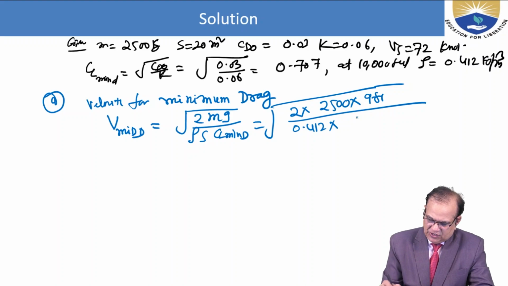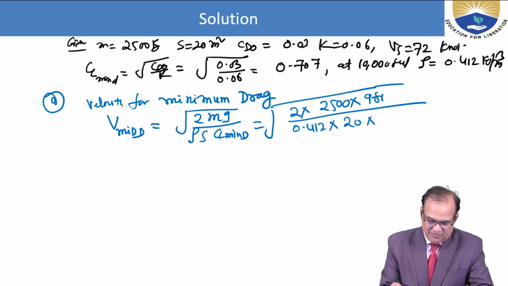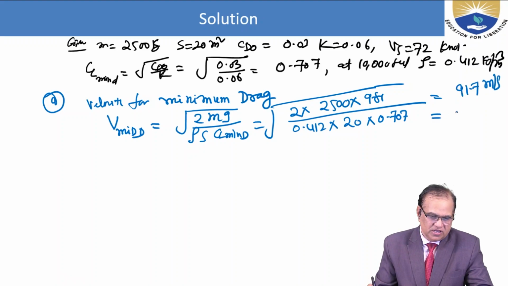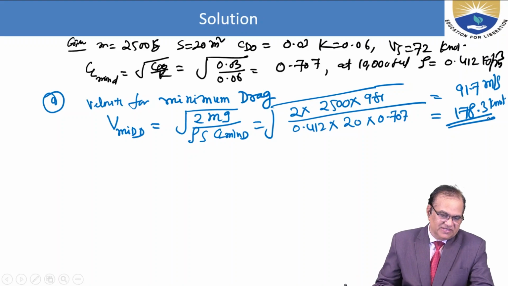Area is here 20. CL minimum we have found out 0.707. So we got this velocity as 91.7 meter per second or 178.3 knot. This is the A.